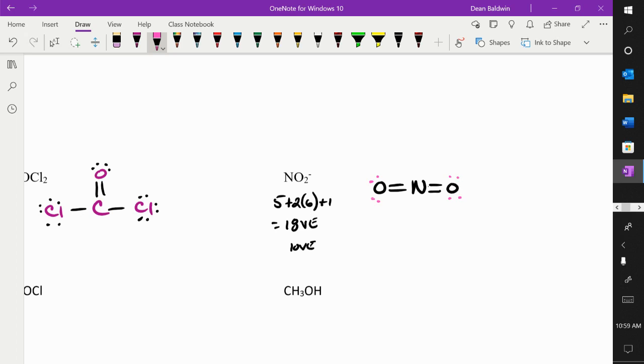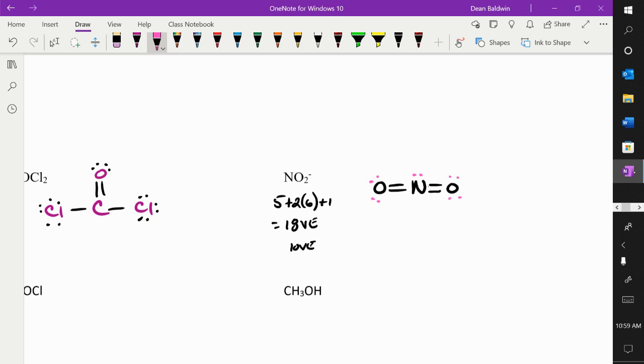Where are they going to go? So you want me to put 2 more electrons on nitrogen? Like that? How many electrons does nitrogen have now? It's got 10. Does it want 10? Nitrogen wants 8, right? So this cannot be the structure.